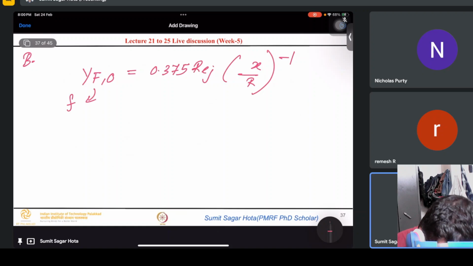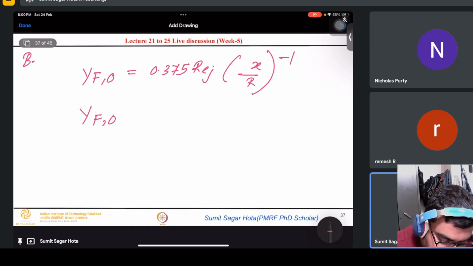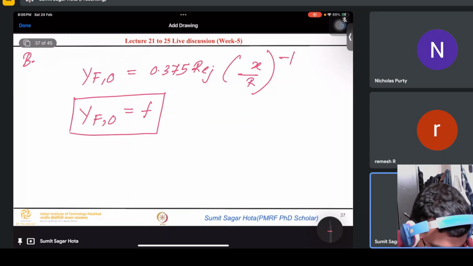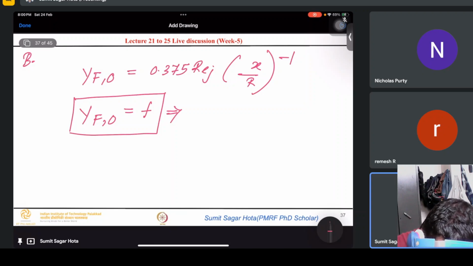This is the small f mixture fraction. Why? For a non-reacting jet, the fuel mass fraction and the small f mixture fraction will be the same. I can ask you this in your exam: when the jet is non-reacting, there is no use of reaction, so things will be the same.